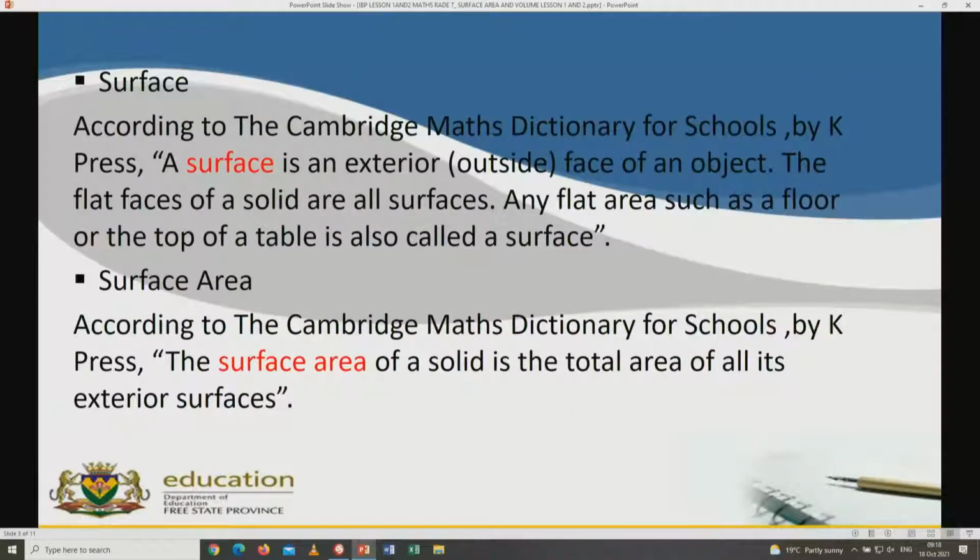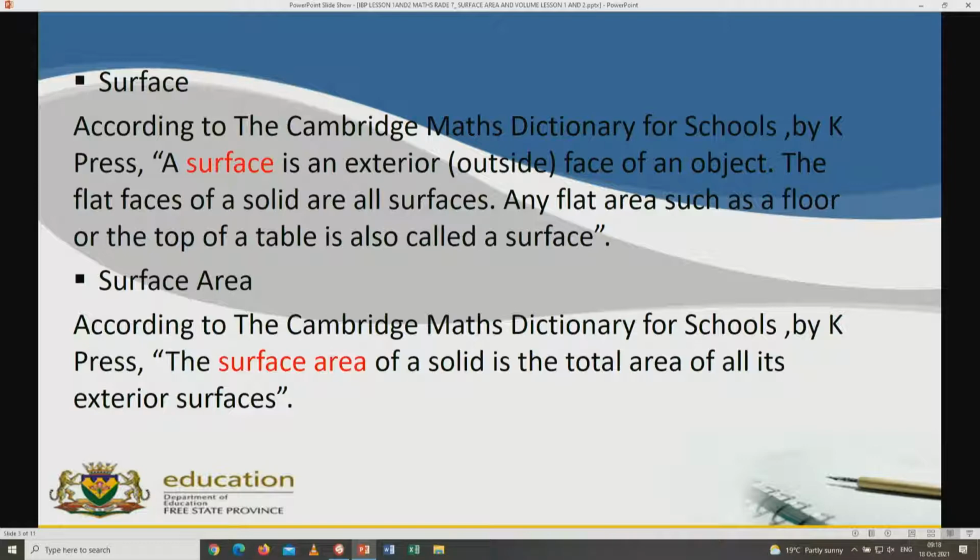Before we start, let us have a look at the concept of the term surface. What does it actually mean? We normally say, let us have these vocabulary words, read and understand them before we can see their application. I consulted a Cambridge Maths Dictionary.